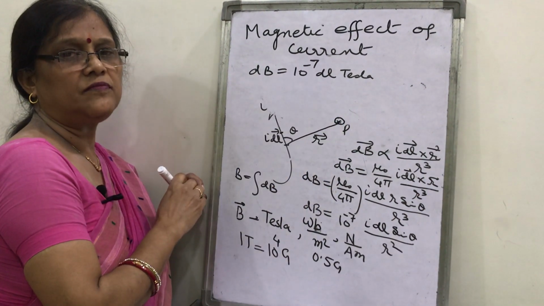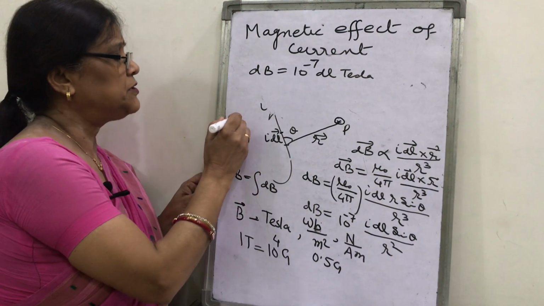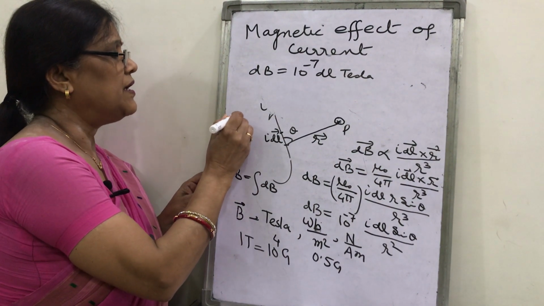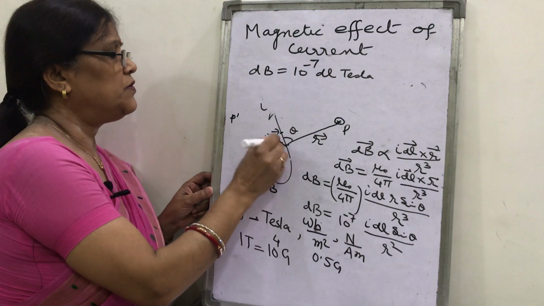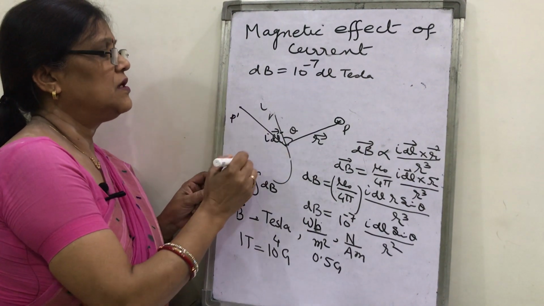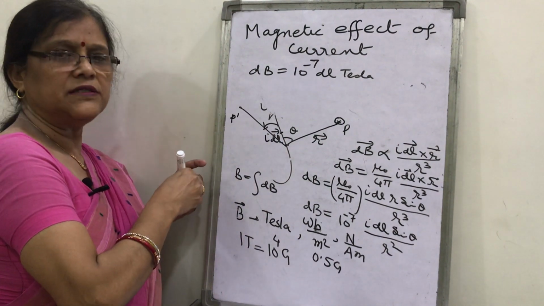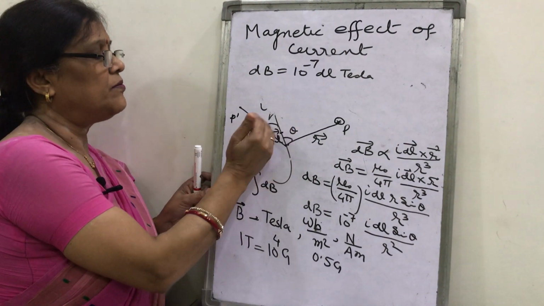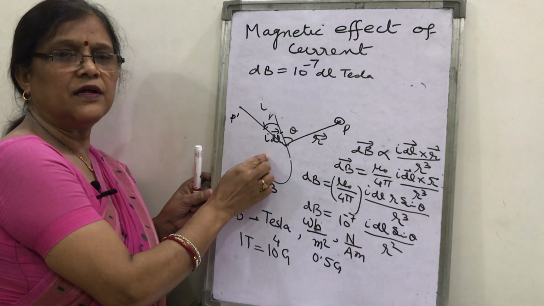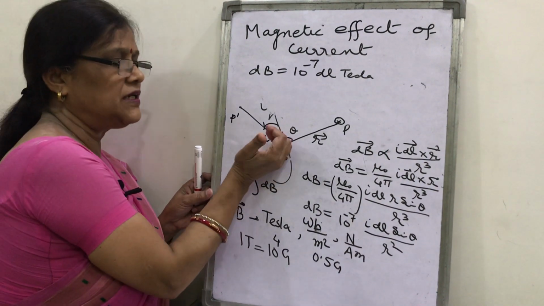At some other point, suppose this is P dash, suppose you join here, then you will rotate your screw in this direction, that is, the screw will be rotated from dl to this vector r. Now in which direction?